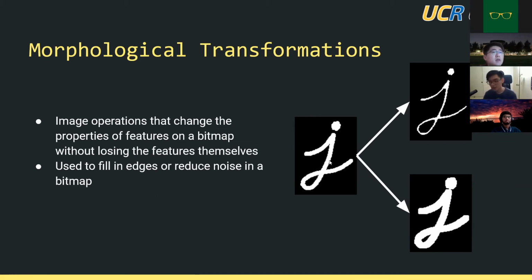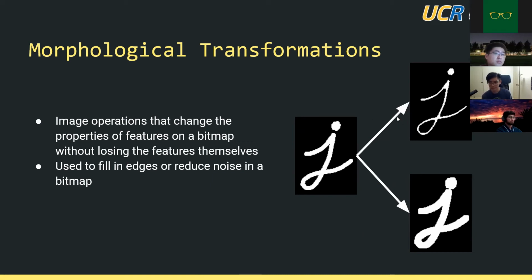If you think about the word erosion, something like a rock gets worn down over time and it gets smaller, and only the outside gets eliminated. The exact same thing happens here. How erosion works is we look at every pixel in the bitmap, and a bitmap is just like an image, except it's just 1 or 0. So 1 is perfectly white, and 0 is perfectly black.